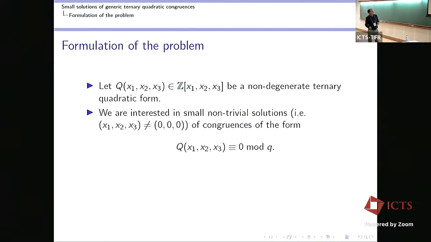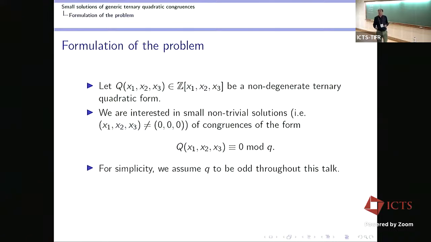What we are particularly interested in are small solutions, so the existence and the distribution of small solutions of such a congruence. There is interesting work of Heath-Brown about this problem, so a part of this work is inspired by Heath-Brown's results.